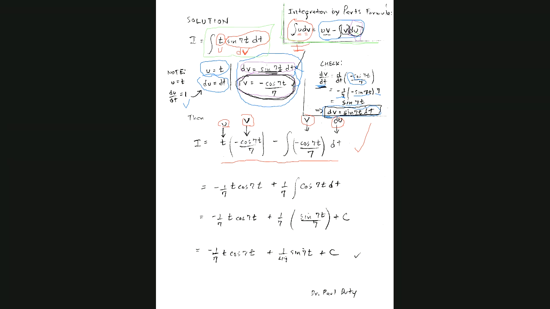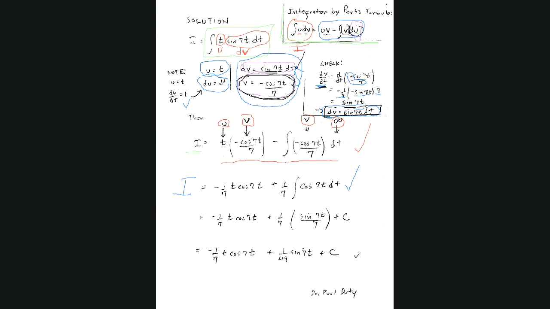So now our new integral is written as negative t times the cosine of 7t plus 1/7 times the integral of cosine of 7t dt. We took this integral that we didn't have any chance of getting the antiderivative of, but through using integration by parts, we were able to write the integral in this way.